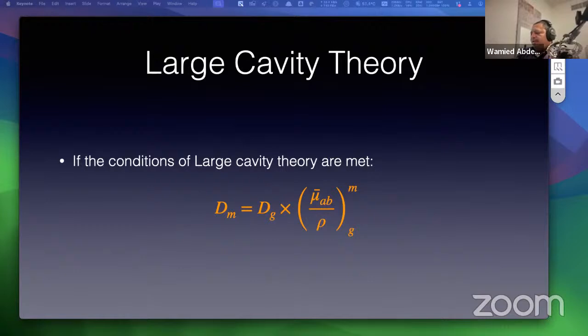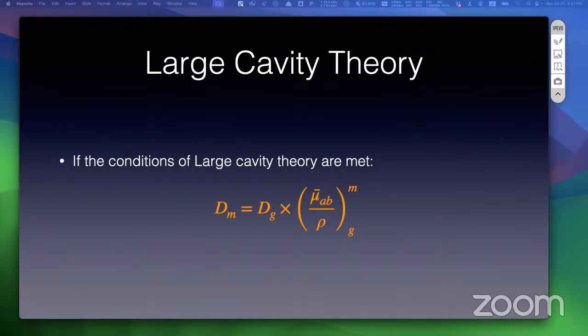When we remove the cavity and we have this point of interest in the medium, we want the same photon fluence entering this point of interest in the medium to be equal to the fluence of the photons entering the cavity. Yeah, okay, thank you.